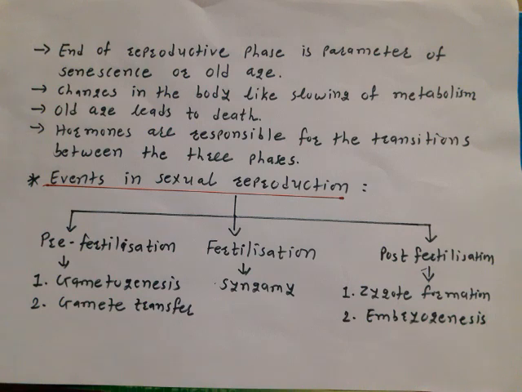After formation of the embryo, multiple divisions take place, and at the end of this process a new organism is formed. So, these are the main three events observed during sexual reproduction in higher organisms: pre-fertilization, fertilization and post-fertilization events.